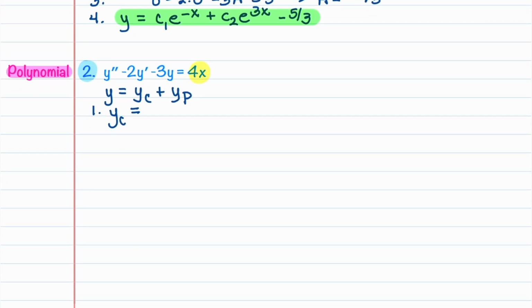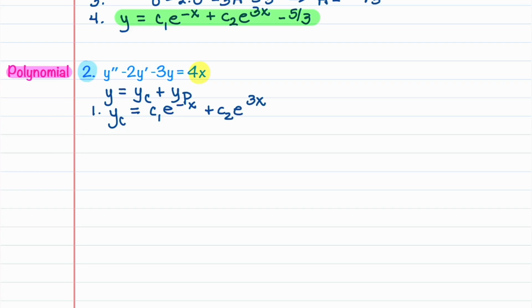I did that on purpose so that we can just focus in this video on finding the particular solution. Our homogeneous solution is going to be the same as we got in the first example, and it is equal to c1 e to the minus x plus c2 e to the 3x.